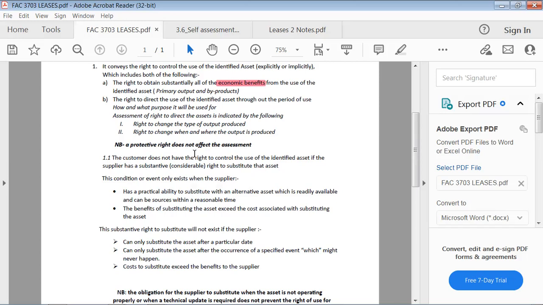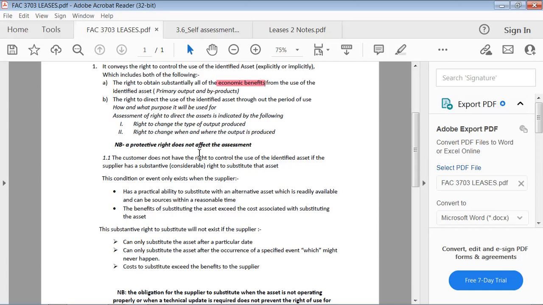I say, after a certain number of hours, please do not go to this area. I am protecting my asset from damage, theft, hijacking. So that's a protective right for the supplier, but it does not mean that the supplier has a right to direct the use. He's just protecting his interest.